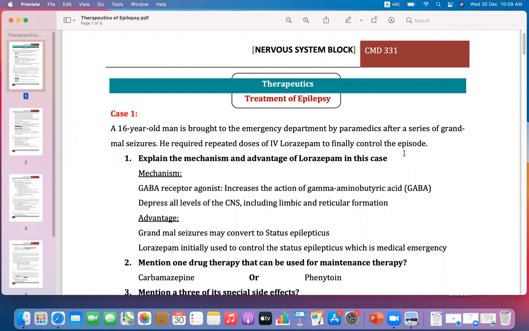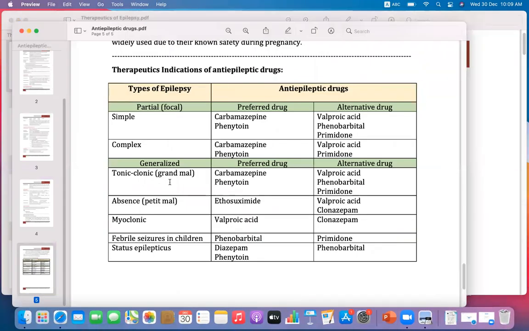So, the case of grand mal epilepsy, which is generalized one, and as we discussed in the lectures, the grand mal is also called tonic clonic epilepsy.